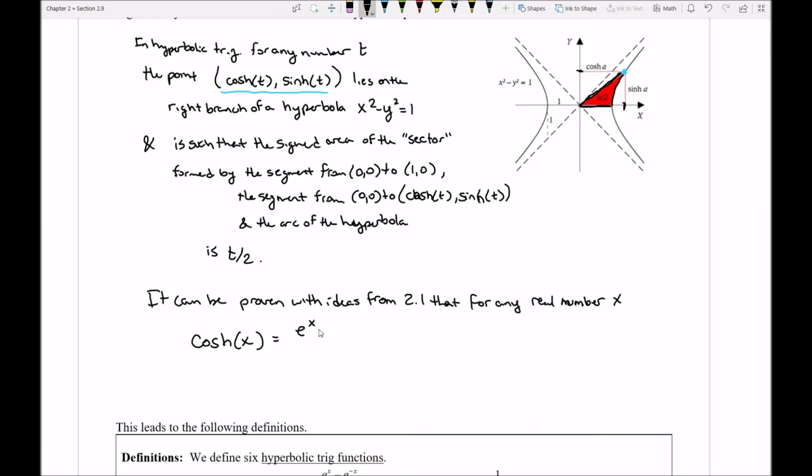And very interestingly, it's a formula that involves e raised to different powers. It looks like this: e to the x plus e to the negative x, over 2.